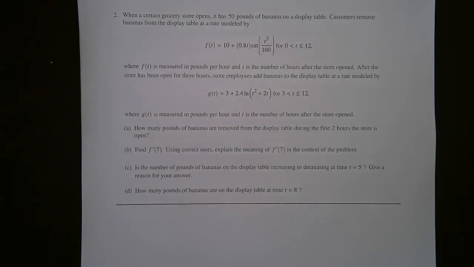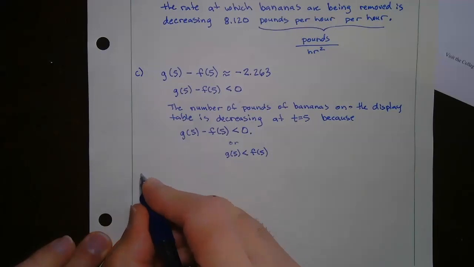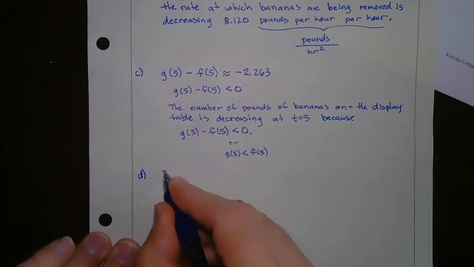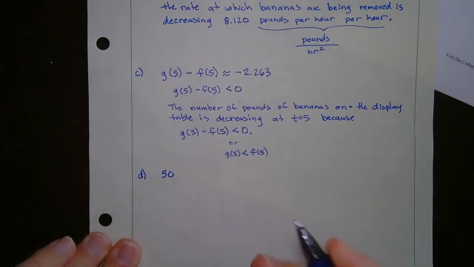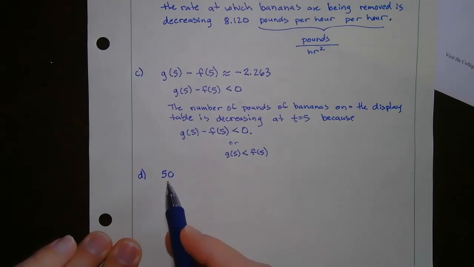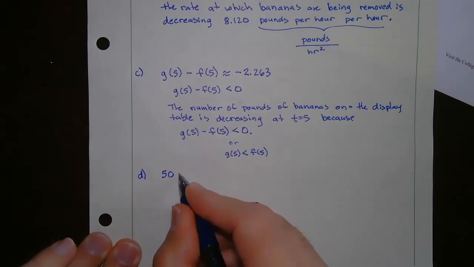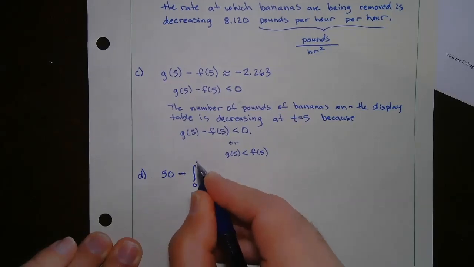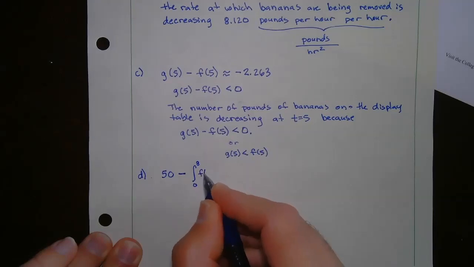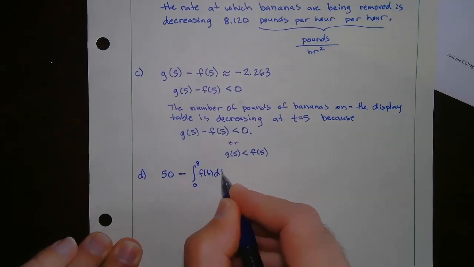All right, so let's go ahead and do that. So for part D, we started with 50 bananas, but that's actually 50 pounds of bananas. Then how many pounds did we remove? So minus, we're going to take the integral from 0 to 8 of f of t dt.